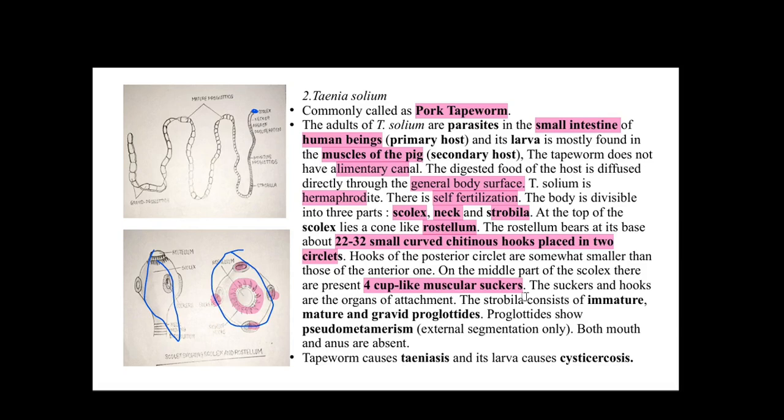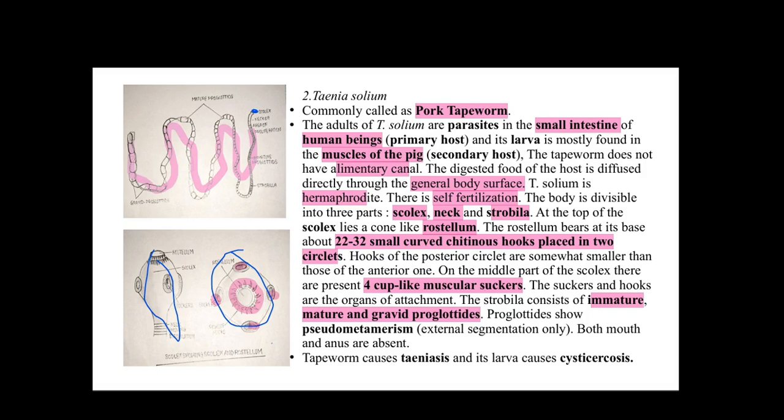The strobila consists of immature, mature, and gravid proglottids. Now after this scolex there is a small part called the neck, and from here till here these all are proglottids.